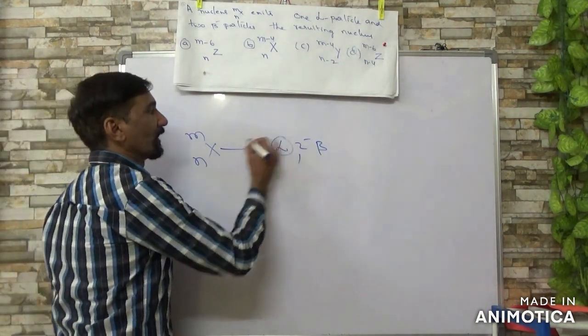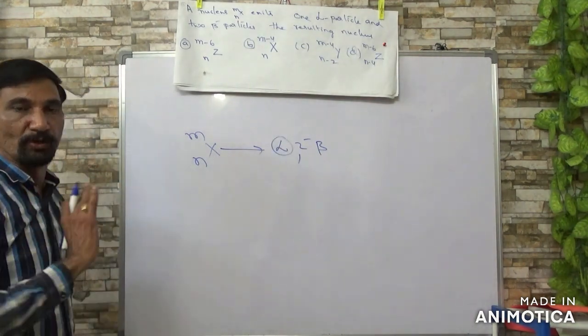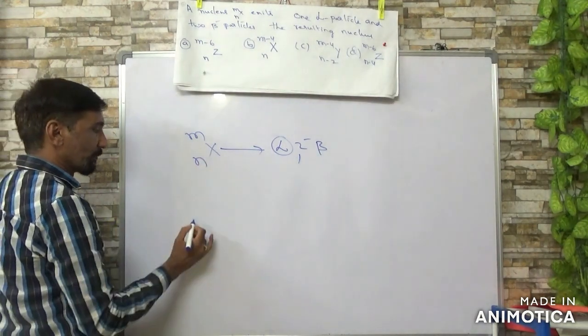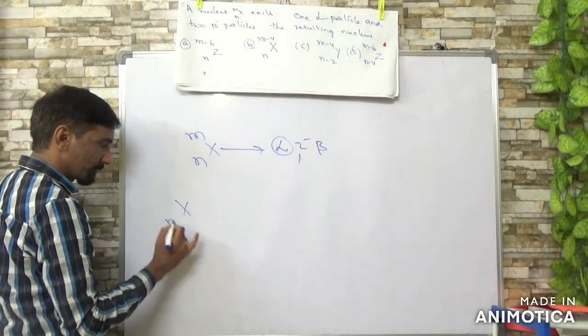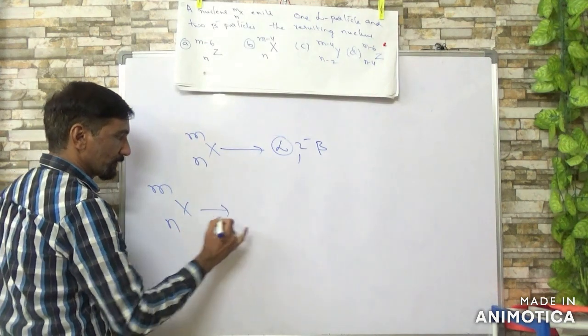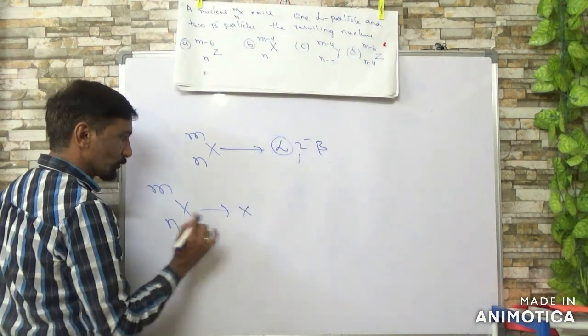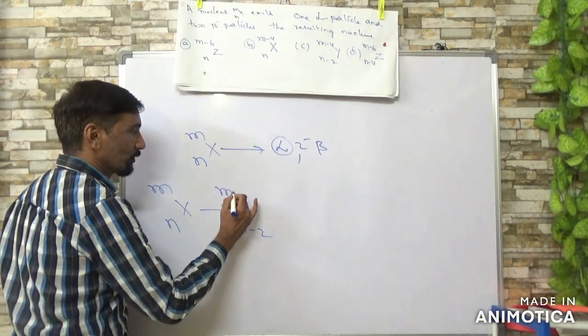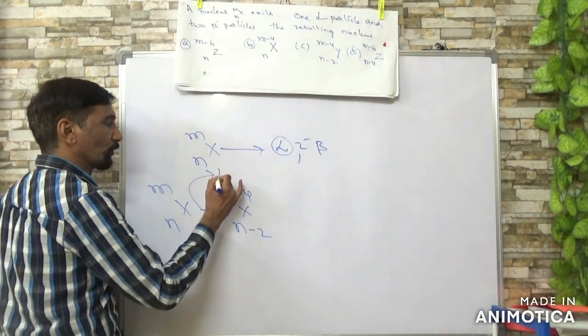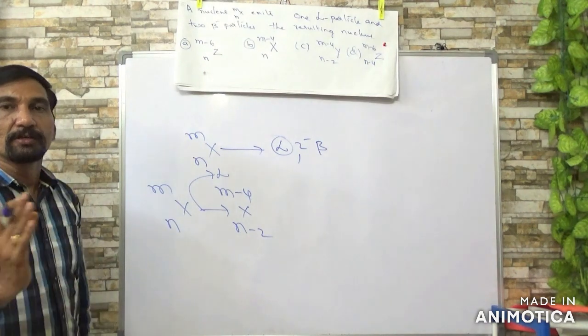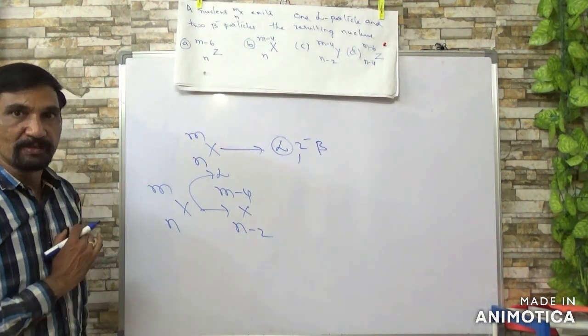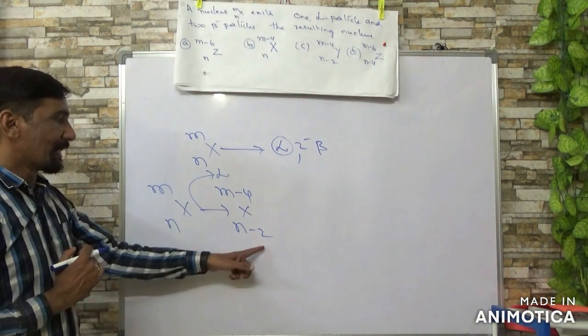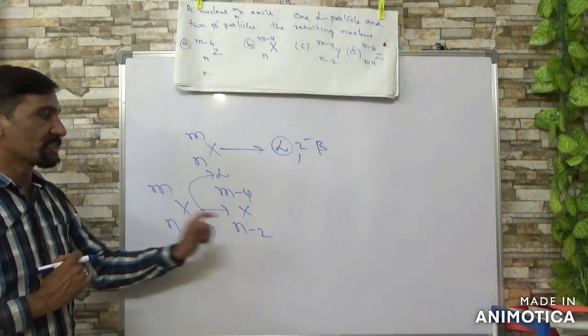Remember, whenever alpha decay takes place, the atomic number is reduced by 2 and the mass number by 4, because an alpha particle is a doubly positive helium ion, so mass wise 4, number wise 2.